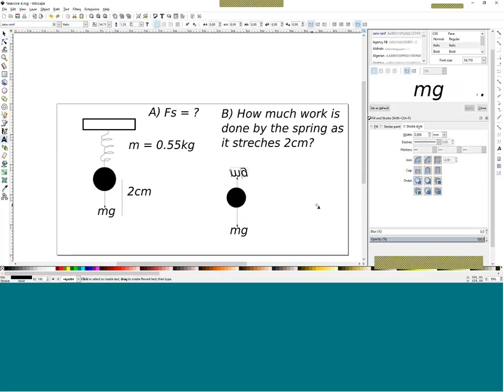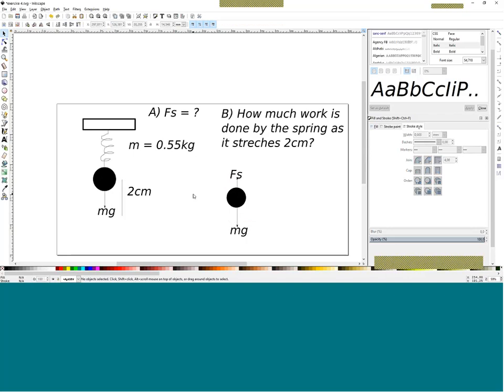Right? And we know from this that it should equal this spring force. So we now can say that the spring force is equal to mg, and in fact, we could immediately determine what the force is if we just determine what mg is.